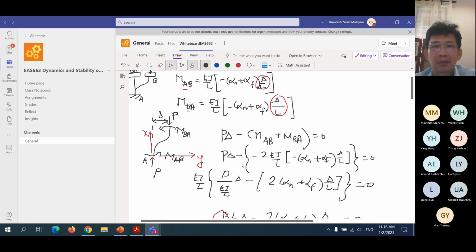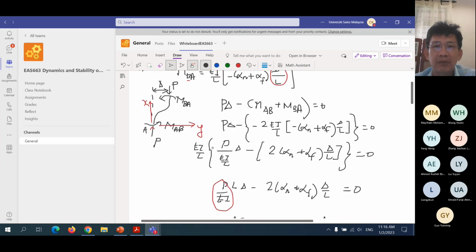Then we need to rewrite these equations in such a way that we can first factor out the EI over L. We first factor out the EI over L by dividing this with EI over L, so that we can factor this with EI over L. So here EI over L, we want to factor it out first.